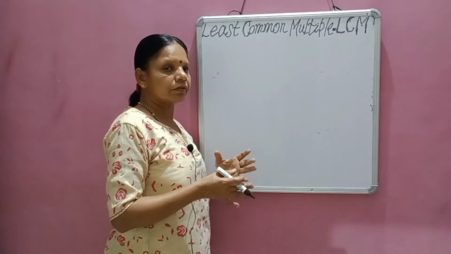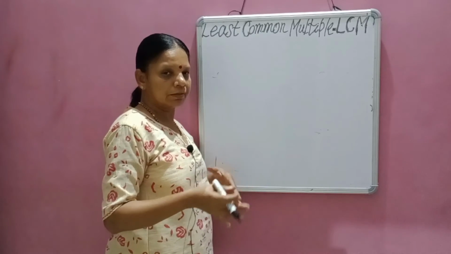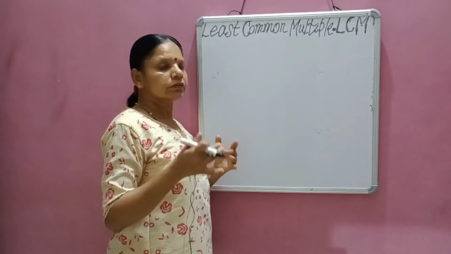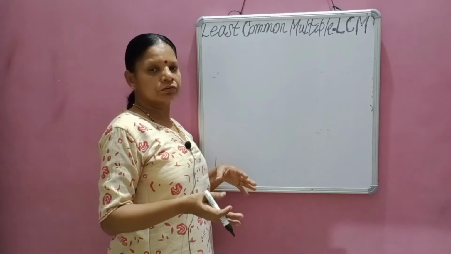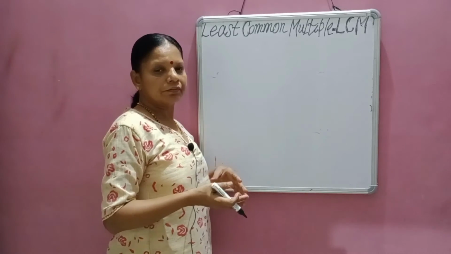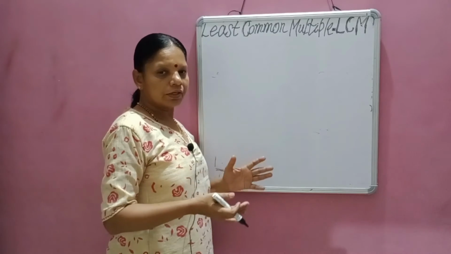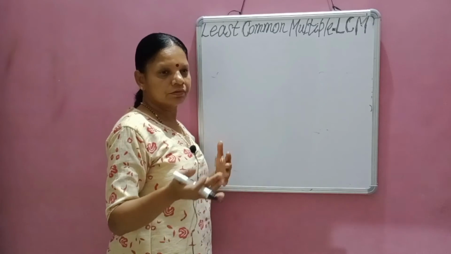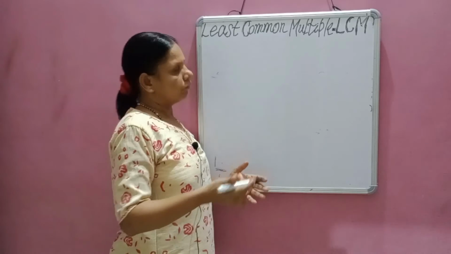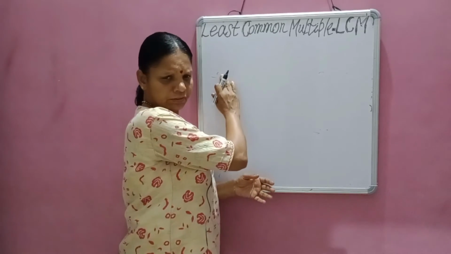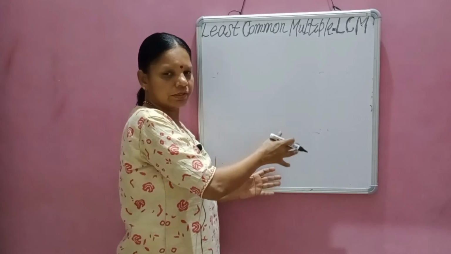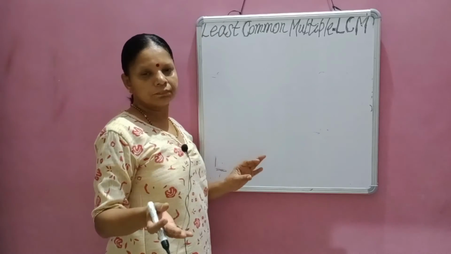This common factor should not repeat when you multiply common factors into non-common. Therefore, you will get confused when there are more than 2 numbers. For that, one easier method is the division method. It is very easy if there are more than 2 numbers.